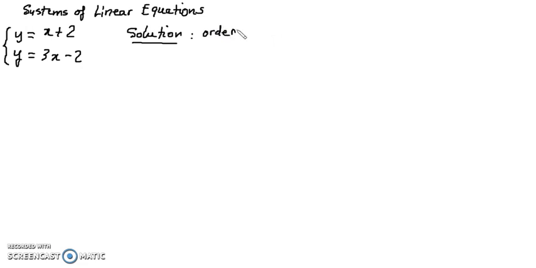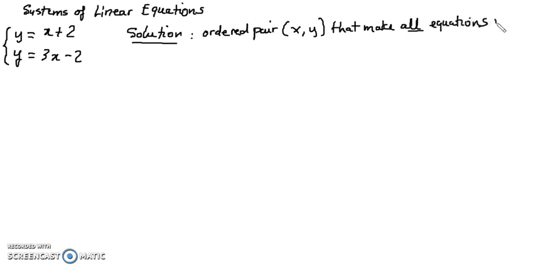In this case, we have two variables, x and y, so any ordered pair (x, y) that makes all the equations in the system true.